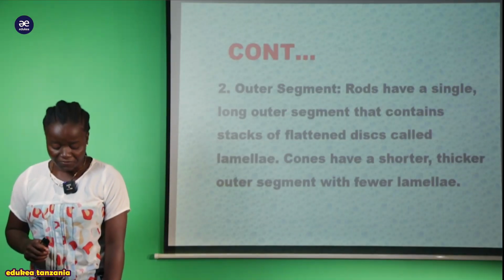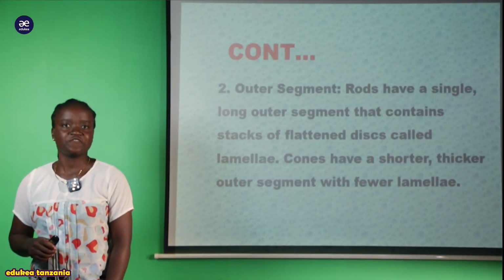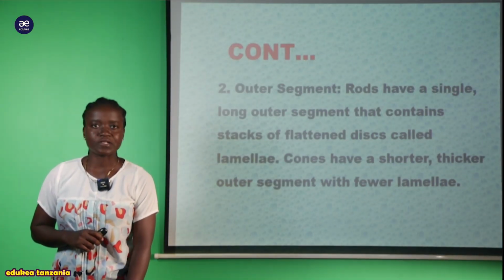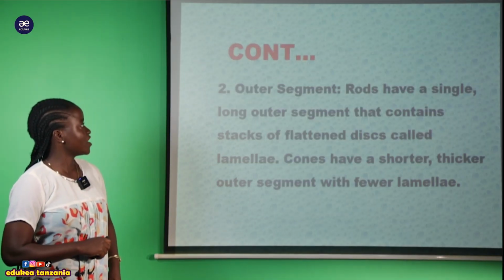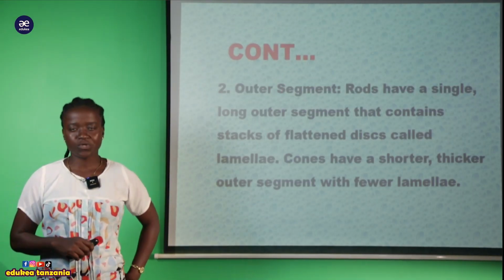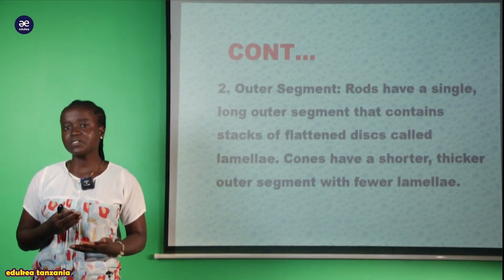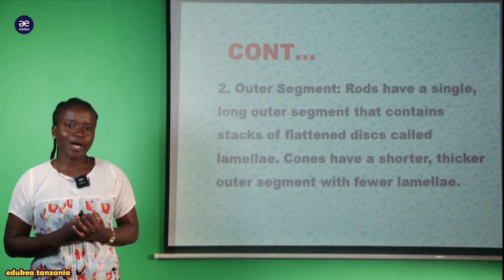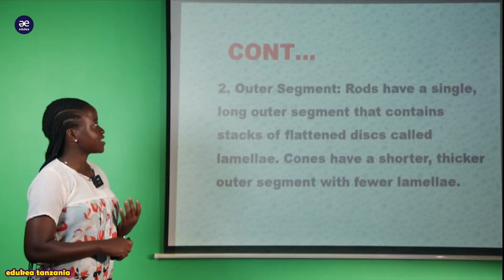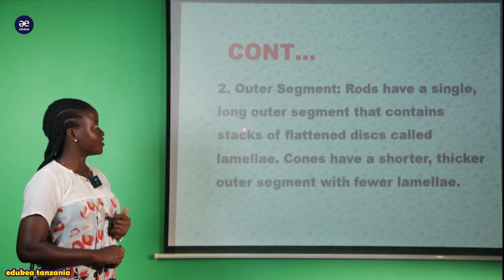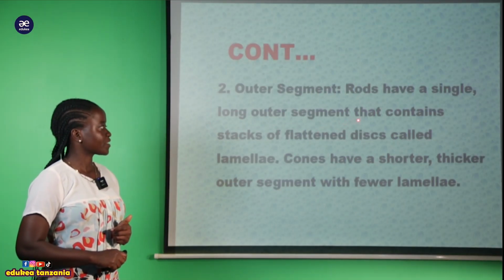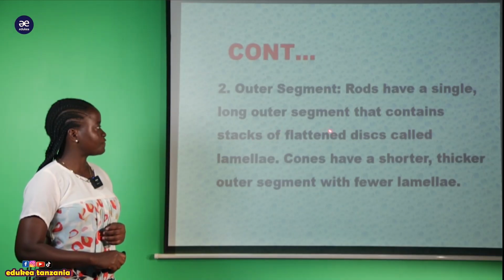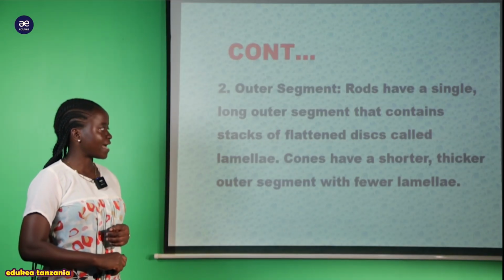But the second structural difference between the rods and the cones is the outer segment. If you look at the outer segment of the rods and the outer segment of the cones, they are quite different. How? The rods have a single round outer segment that contains a stack of flattened discs called lamellae.